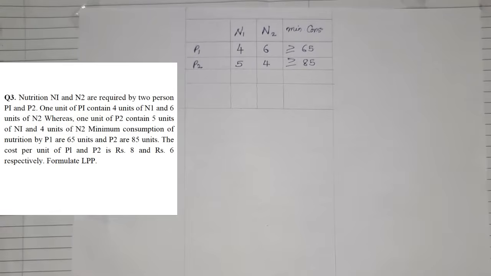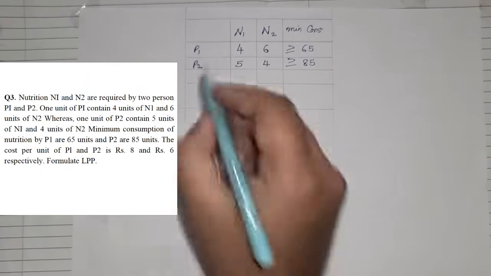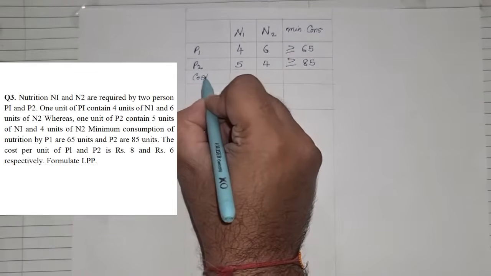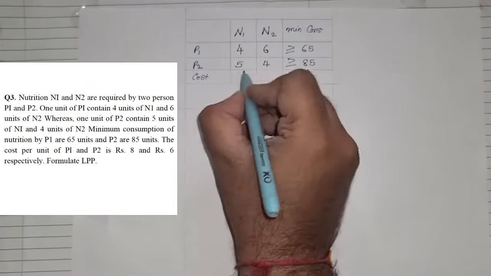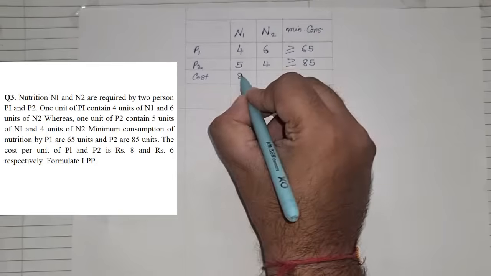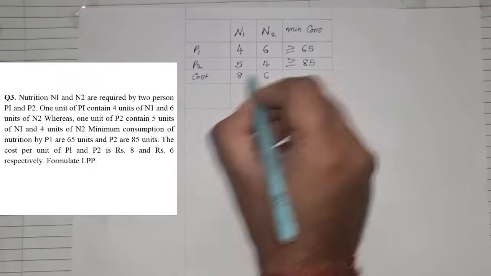Now the cost per unit of P1 and P2, now see again, this is related to cost. Now always remember, if a sum is related to cost, it will always be minimization. So here I will write cost. The cost of unit of P1 is 8 and that of P2 is 6.